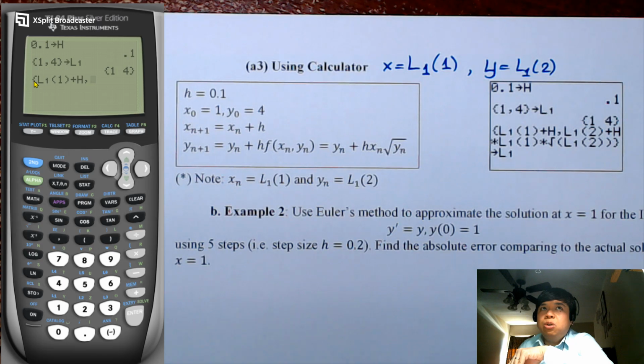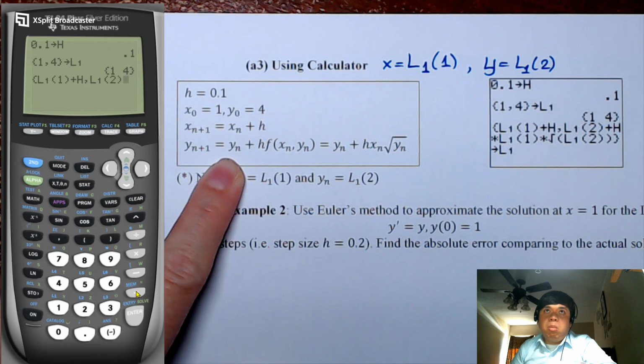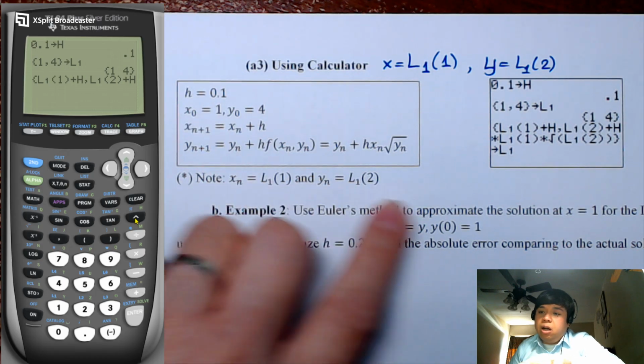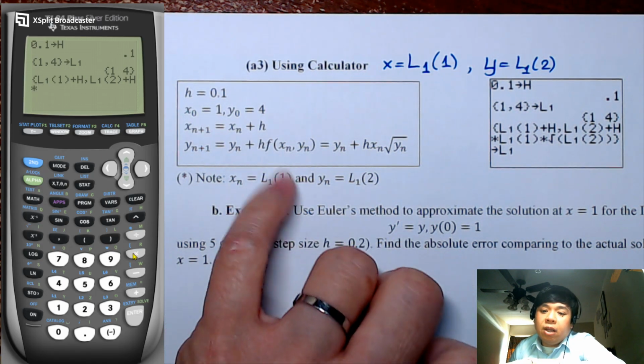This is the new x, the old x plus h. And now we have the old y, the old y plus h times the function.